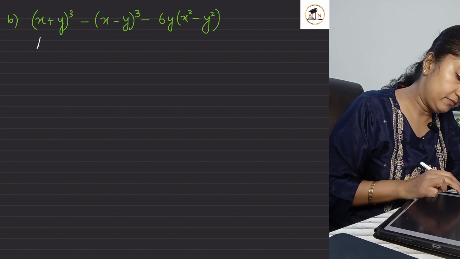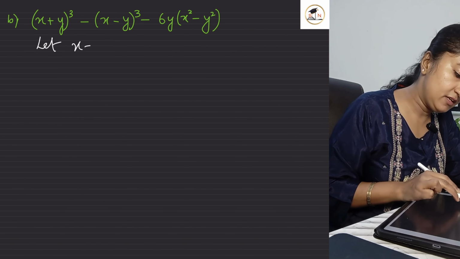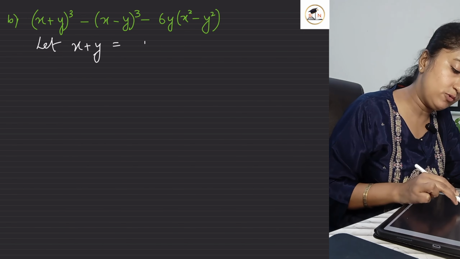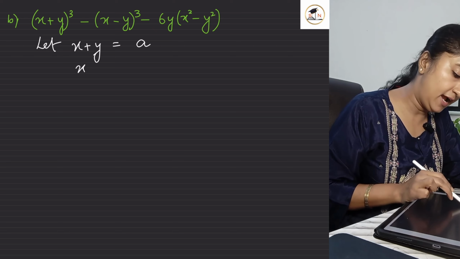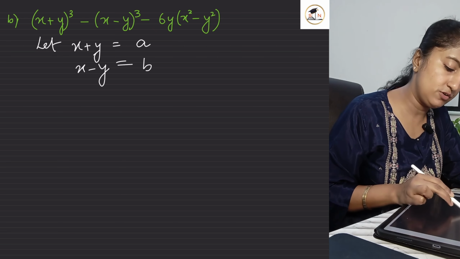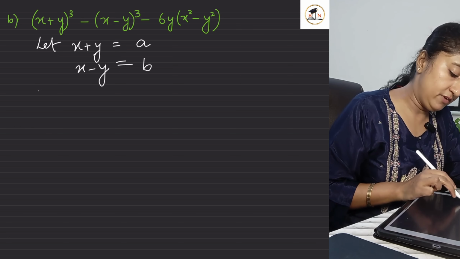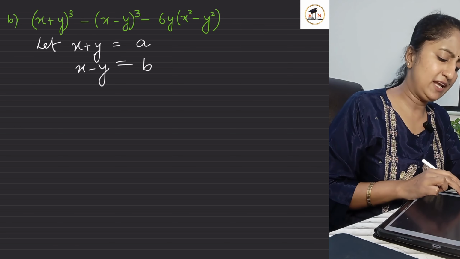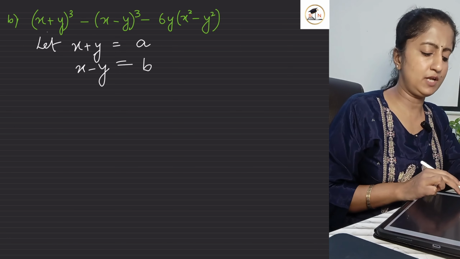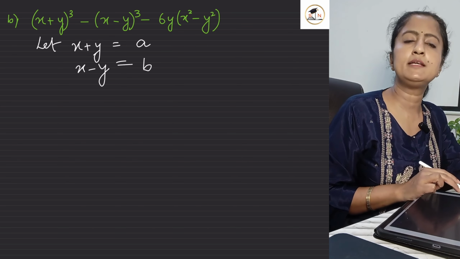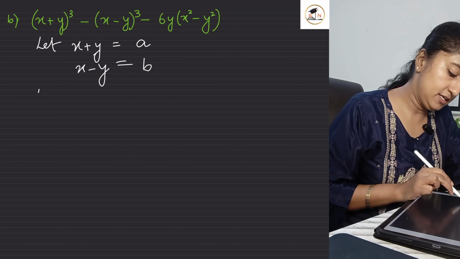How? Let x plus y equal a and x minus y equal b, right? So what are we having? We can obviously understand it belongs to the identity of (a minus b) whole cube, right?